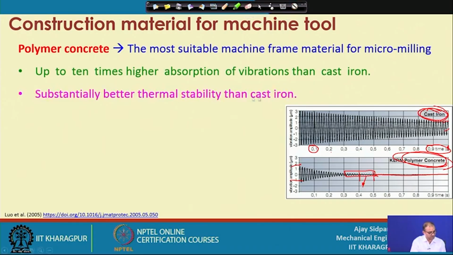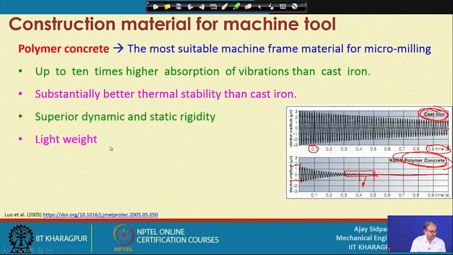Substantially better thermal stability than the cast iron, superior dynamic and static rigidity, and lightweight, because now you are using a polymer, which is one of the components that is very, very light in weight. With granite you are using mostly a stone based thing, and you are not mixing anything there, so its weight is also very high.